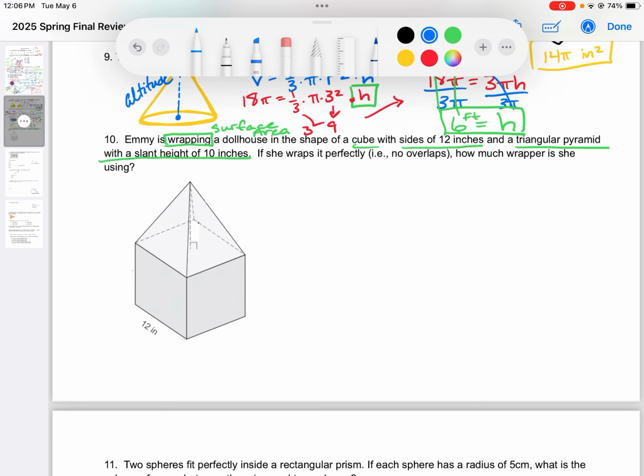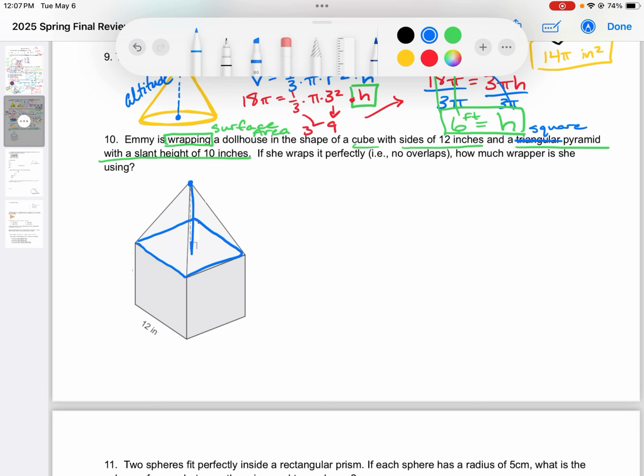So I am going to go ahead and correct this part. This is not a triangular pyramid. It's on top of a cube, which means it's got a base that is a square. So we're just going to call it a square pyramid.